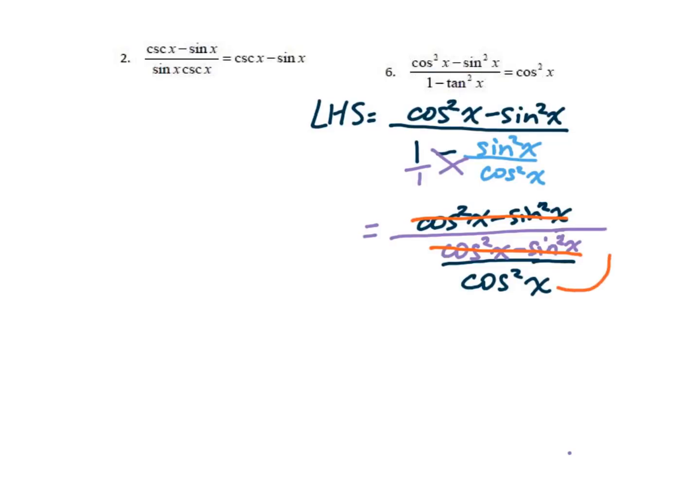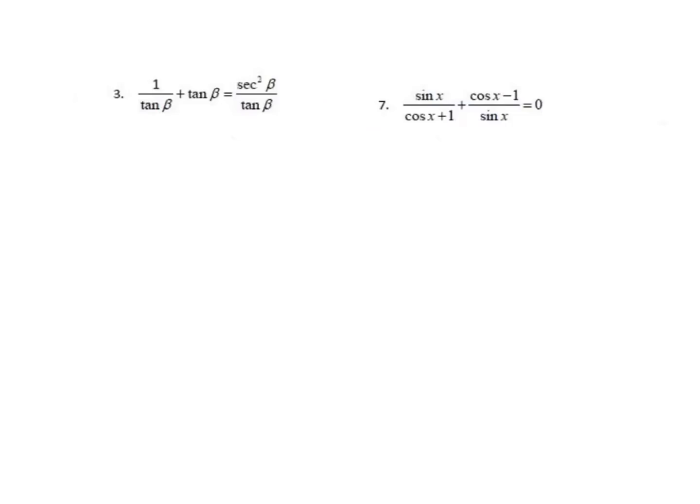For cosine square x this time, then you can jump. You got the cosine square x. That equals the right-hand side, and we finish proving. Now let's go to number 7.